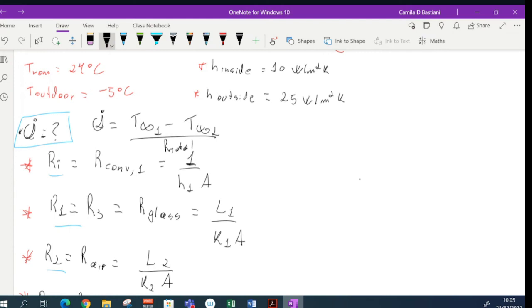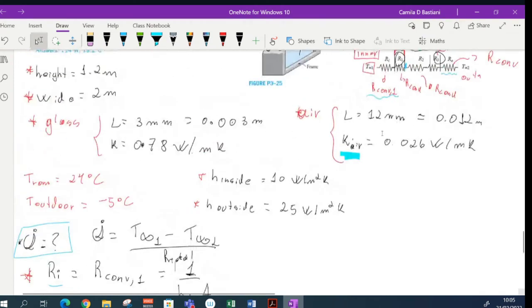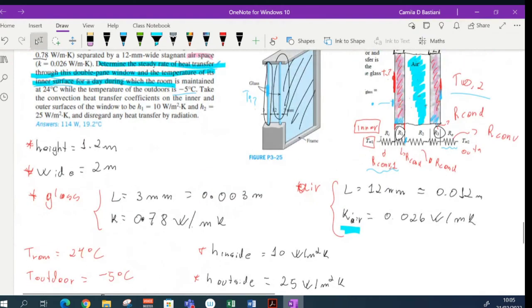My resistances are in parallel or in series? Series or parallel, what do I have here? You can participate. Series, exactly, Connor. So my system here has resistances in series.